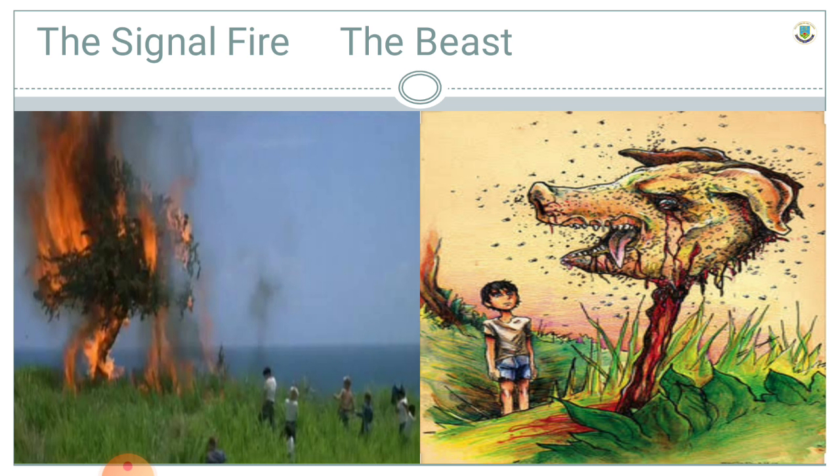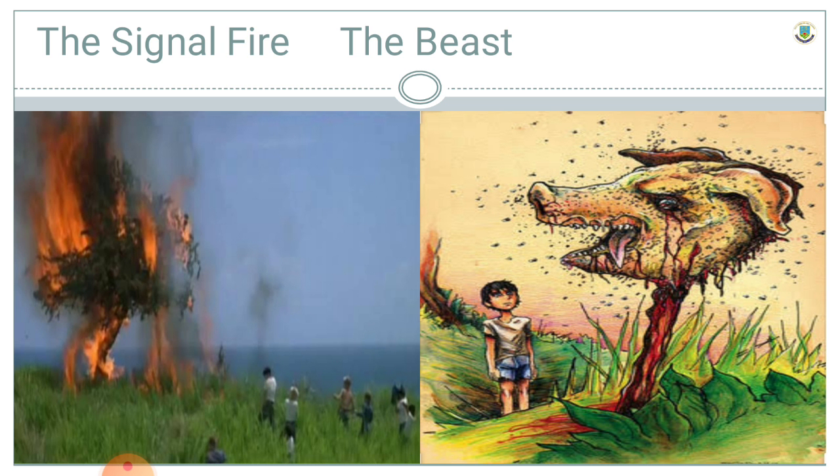The beast. The concept functions as an imaginary beast that frightens the boys. Actually, it is the basic instinct of savagery existing within all human beings. All the boys feel scared of the beast, but it's only Simon who realizes that they fear the beast because it exists within them.